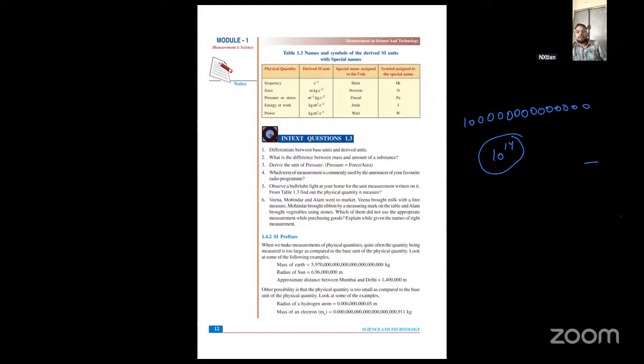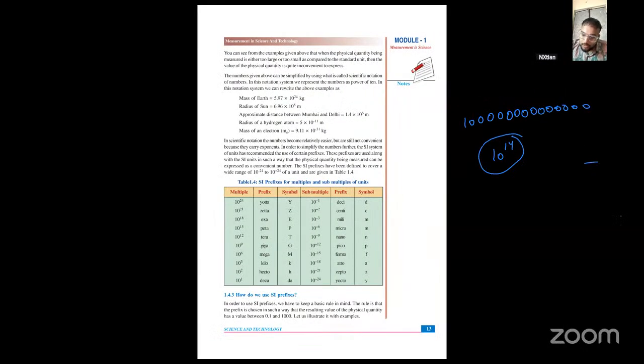Understood, guys? Yes, sir. The highest degree is 14. So instead of writing the whole number, we are writing it as a power of 10, to measure. Understood? Yes, sir.